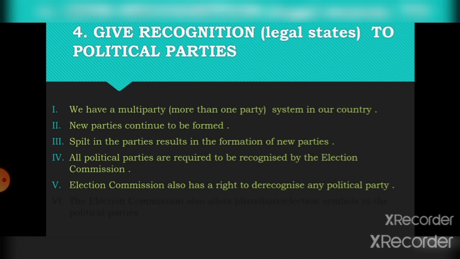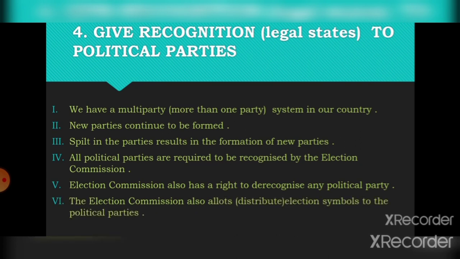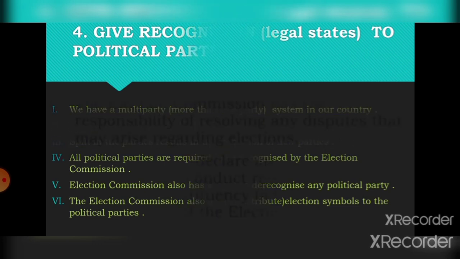If any political party has an illegal agenda or is not in favor of the country, the election commission can de-recognize that political party. For example, Naxalite. The election commission also distributes election symbols to the political parties. The symbols which a political party gets are decided by the election commission.